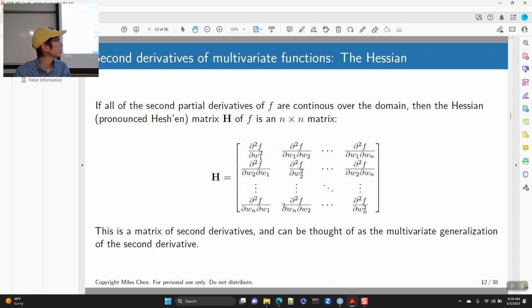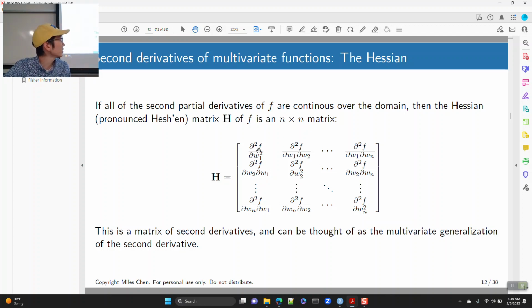which is admittedly confusing because we also use n for how many observations we have. But here n represents how many values we have in W. I guess we could have used another letter, K or something. But you get this square matrix.